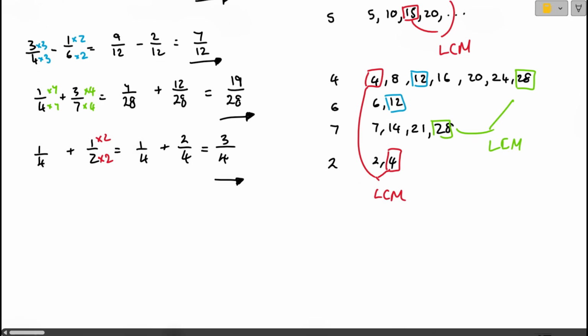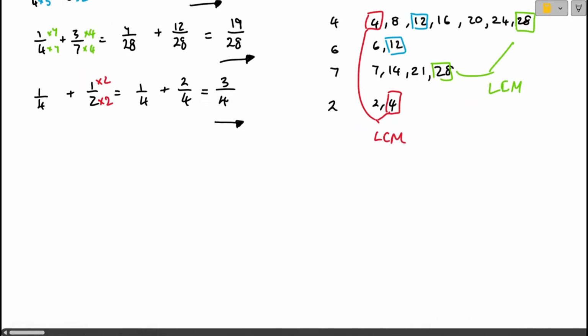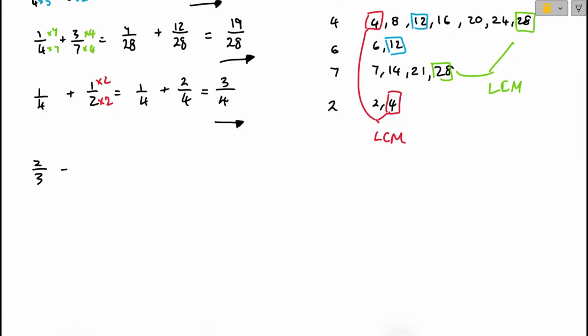Let's just look at 2 more of these kind of questions. 2 over 3 minus 1 over 6. Okay, also another very simple one. We have 3. So 3, 6, 9. And can you just look at that? Okay, so 3 times what will give me 6?